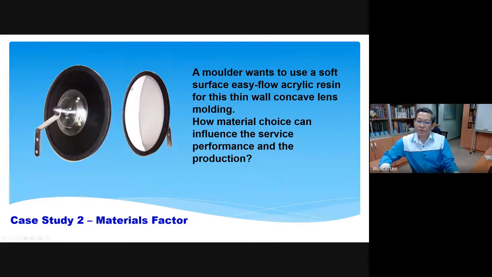Because this is exposed to the outside atmosphere, you expect that the lens will also be rubbed by the dusty environment. So at the same time, you need a wear-resistant plastic, and you also have to choose a plastic which is easy to flow, in order to fulfill the moldability, the production, and also to meet the service performance requirement.